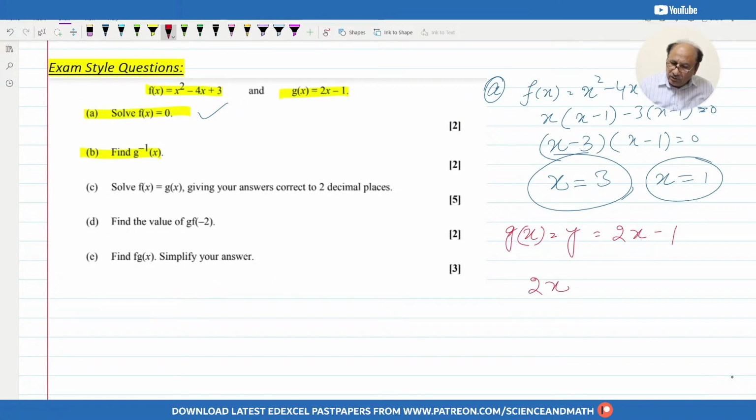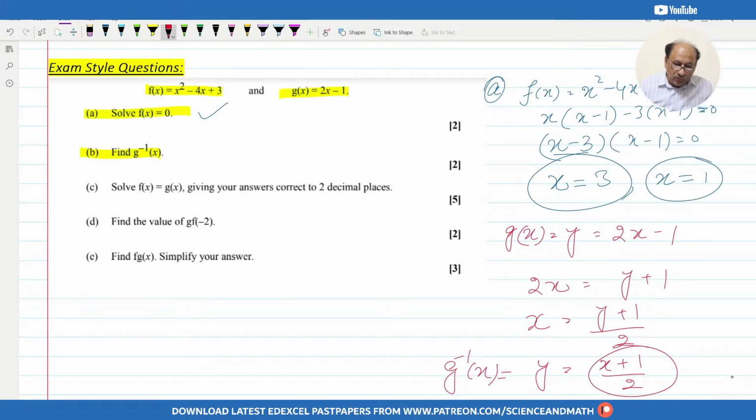So 2x will be equal to y plus 1, and now we can shift 2 to the other side. So x will be equal to y plus 1 by 2. We can swap x and y, so y will be equal to x plus 1 by 2, and this is our g inverse of x, which is equal to x plus 1 by 2. Hopefully you are understanding each and everything.